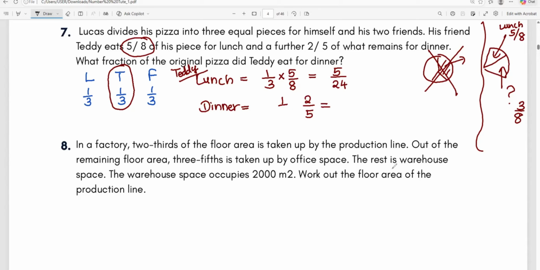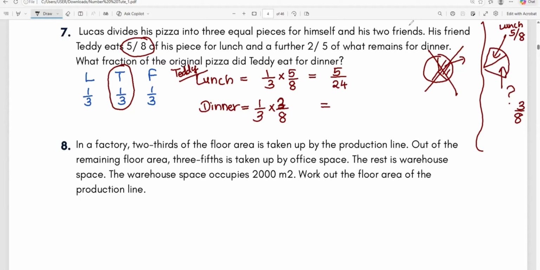I write the order from the original pizza. The remaining amount of pizza for Teddy for his dinner is this. 3 over 8 is remaining from Teddy's piece.